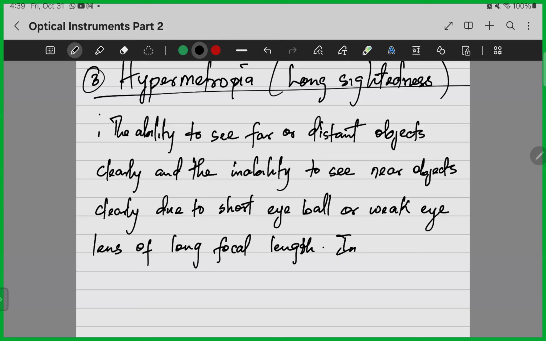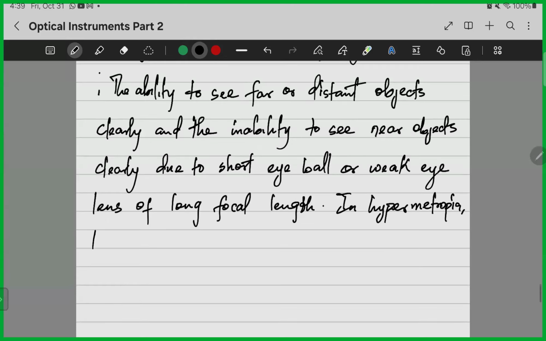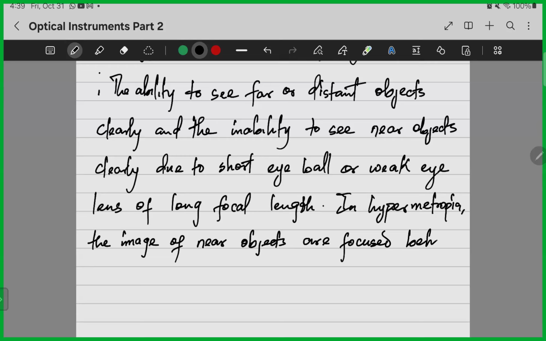In hypermetropia, the image of near objects are focused behind the retina.